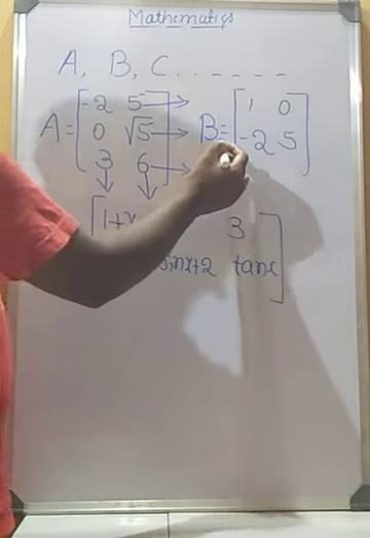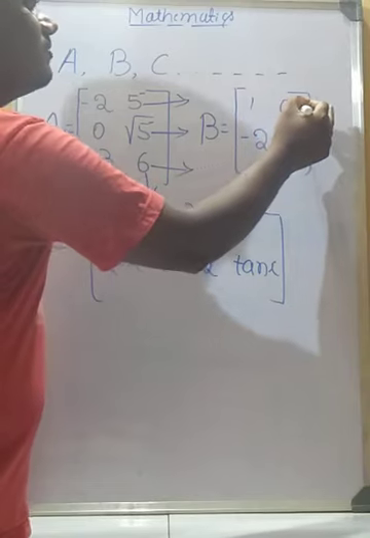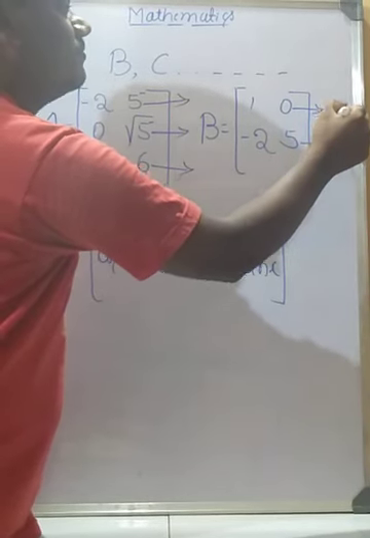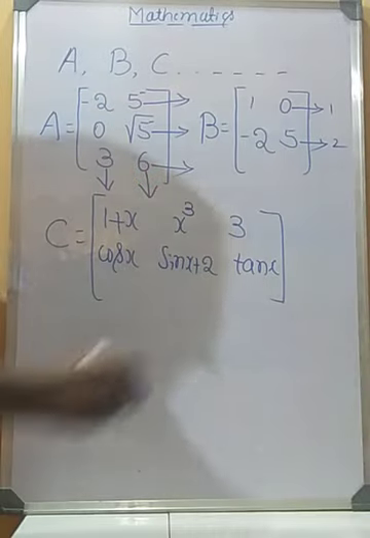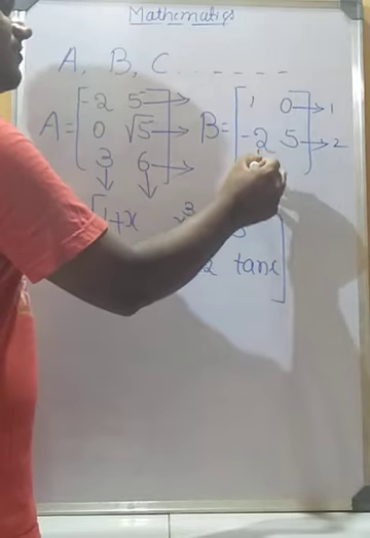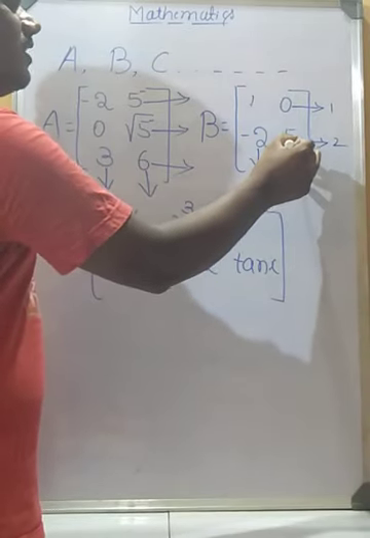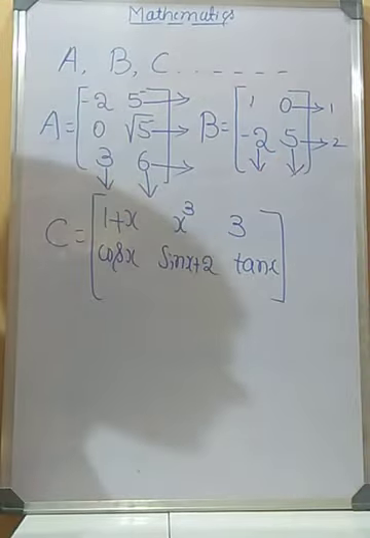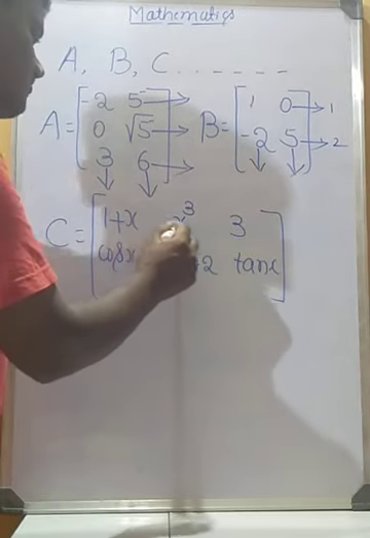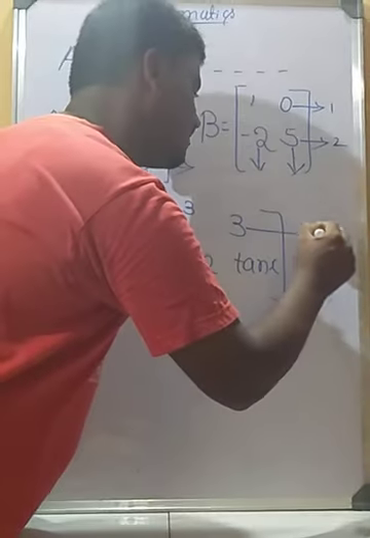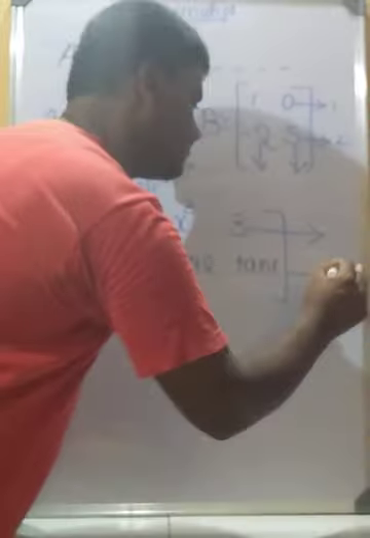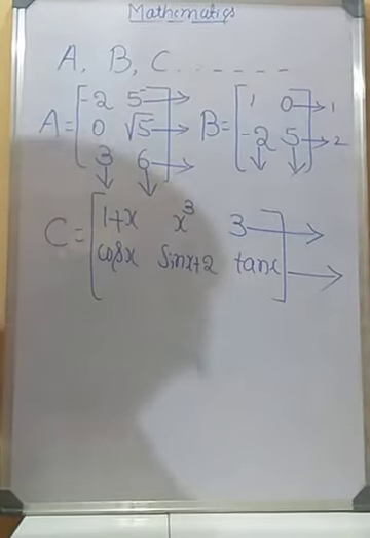Similarly, in matrix B, 1, 0 is the first row, -2, 5 is the second row, and 1, -2 is the first column, 0, 5 is the second column. Similarly, in matrix C, 1 plus x, x cube, 3 is the first row, cos x, sin x plus 2, tan x is the second row.